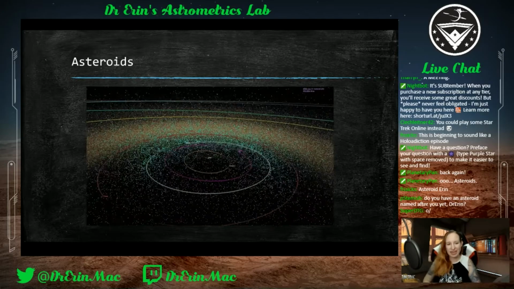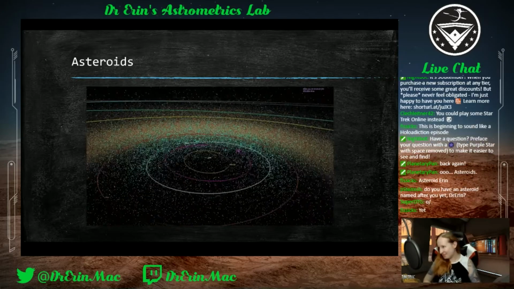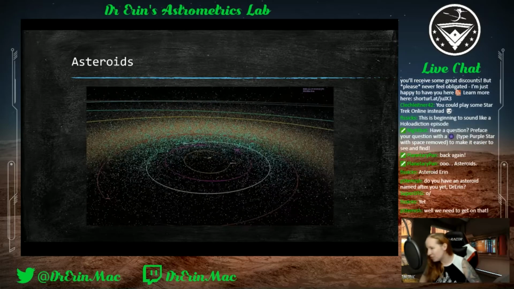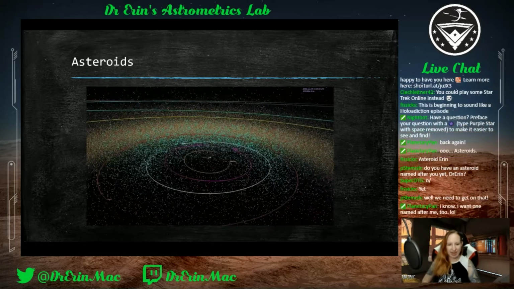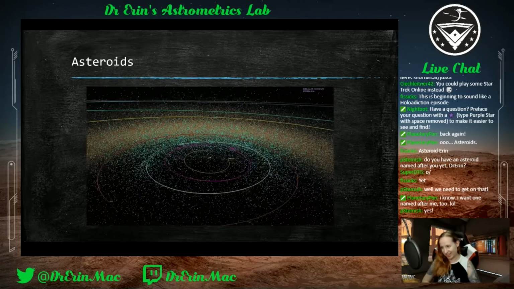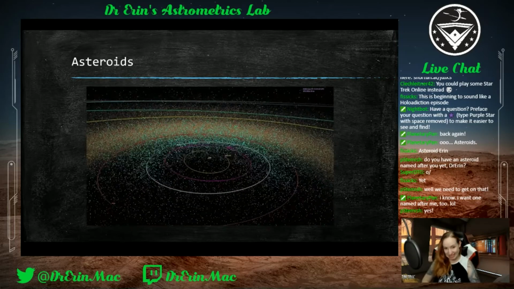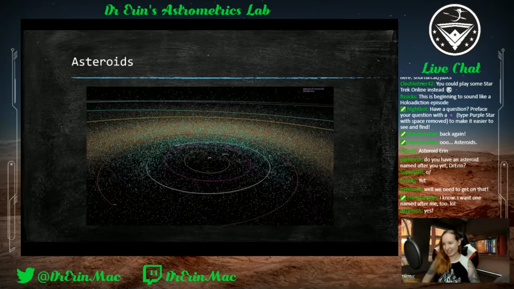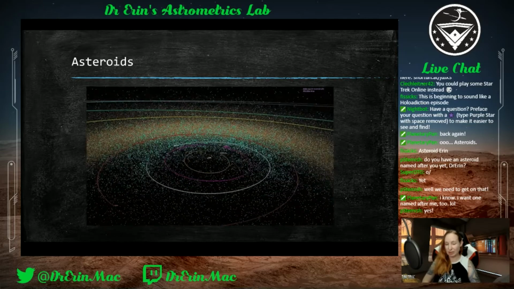So this is an illustration model of two months' worth of data of asteroids that are actually tracked and the orbits that are calculated in our solar system. Yikes. This is scary and it makes you feel a little bit more nihilistic.